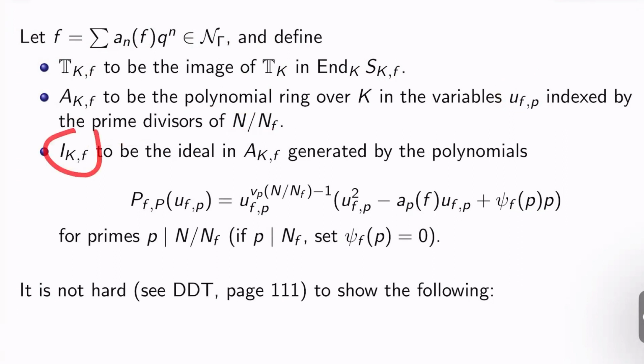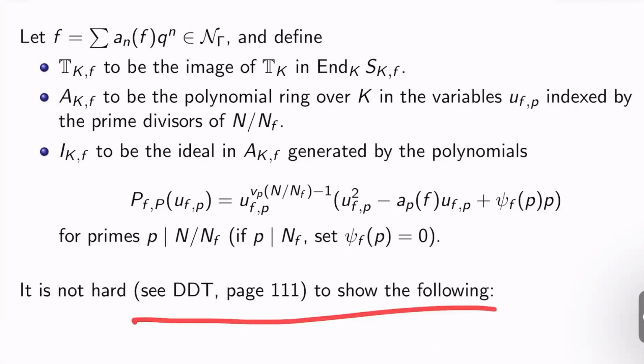And we'll let I_KF be the ideal in A_KF generated by the following polynomials P_Fp of U_Fp, which are given by the following expression: U_Fp to the v_p(N over N_F) minus 1, so this is p-adic valuation here, times U_Fp squared minus a_p(F) U_Fp plus psi_F, the character of F, evaluated at p times p. And this is for primes p dividing N over N_F. And if p does divide N_F, just set psi_F(p) to be 0 as per usual convention.